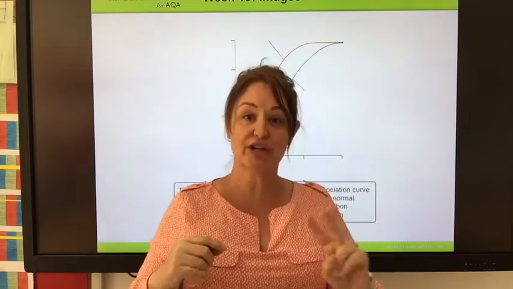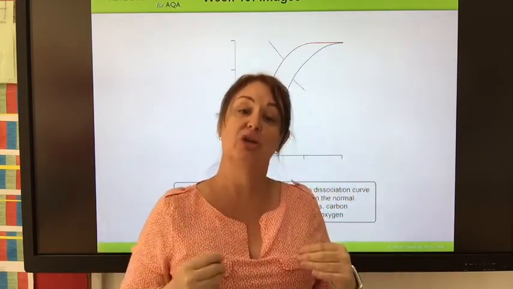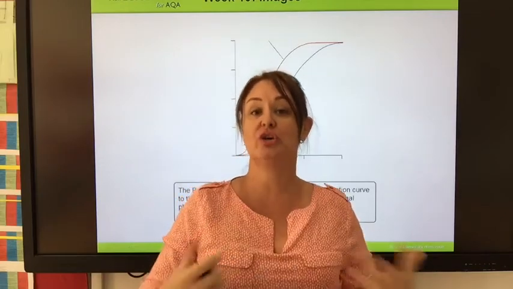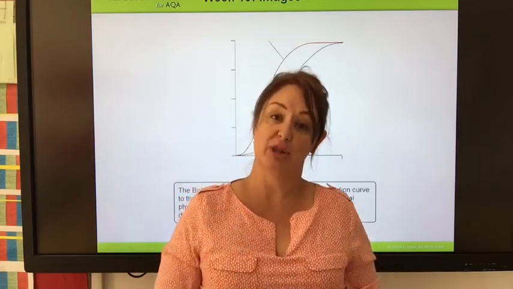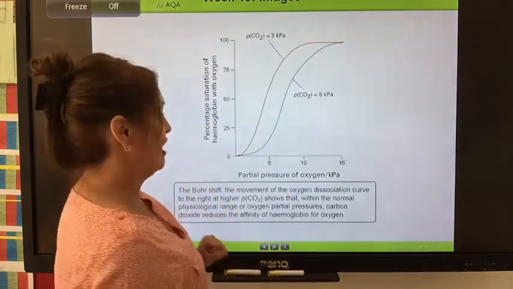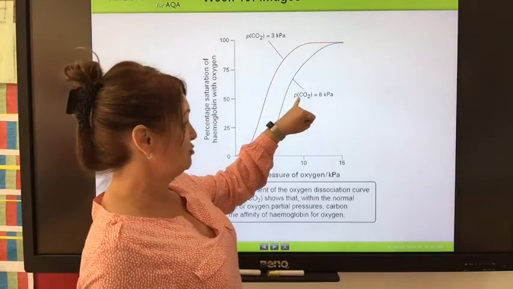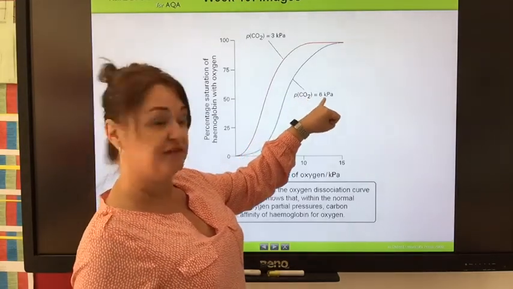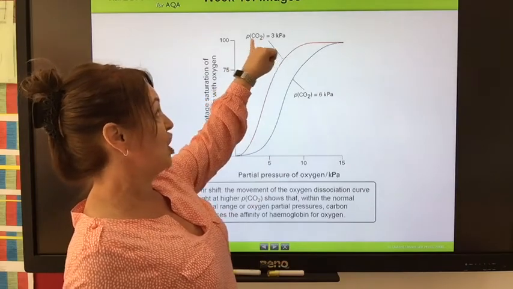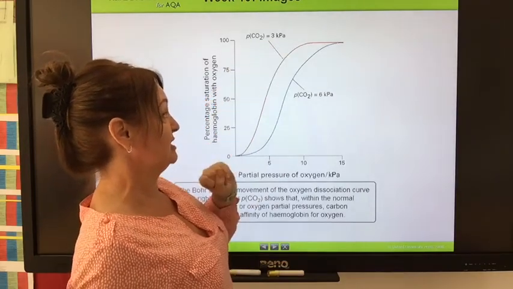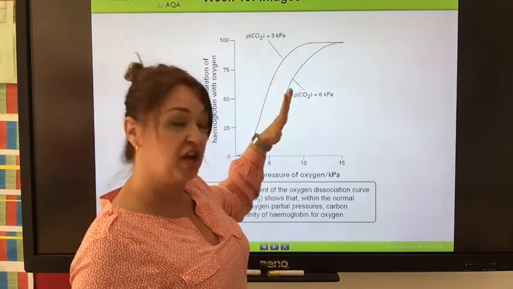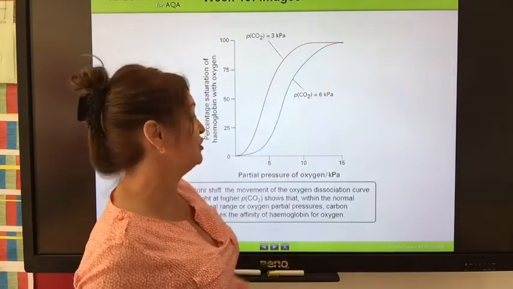So we've got two triggers telling our haemoglobin to dissociate from the oxygen, to unload it and make it available to respiring cells. As we can see on this graph, we've got a partial pressure of carbon dioxide of 6 kilopascals and a partial pressure of carbon dioxide of 3 kilopascals. So as we increase the carbon dioxide, we shift that whole curve to the right.